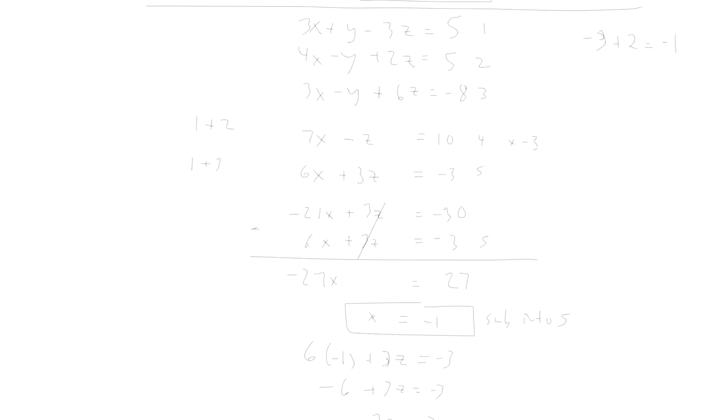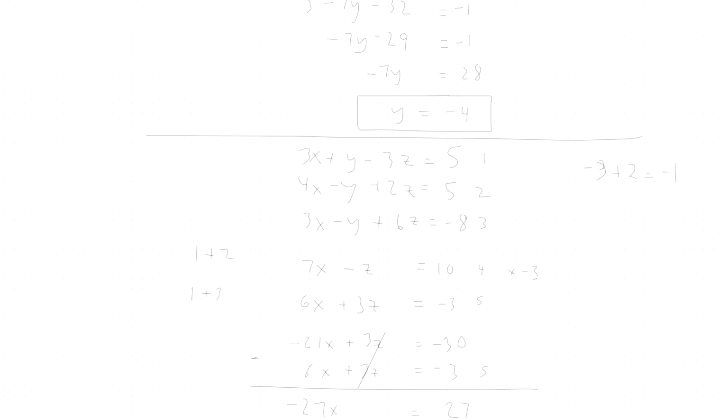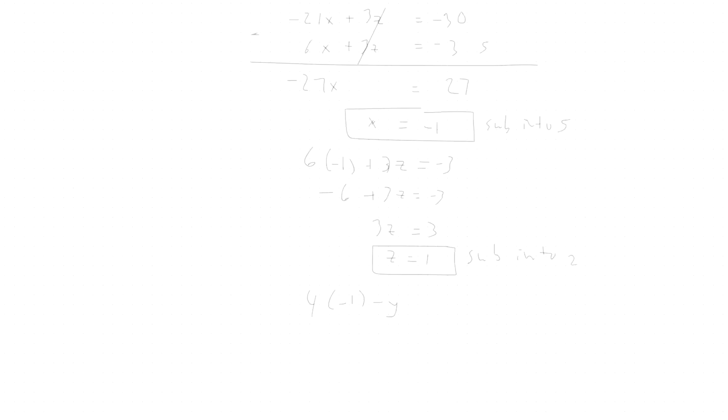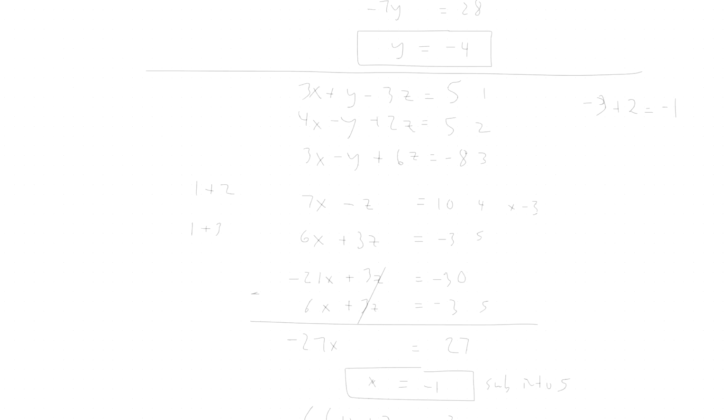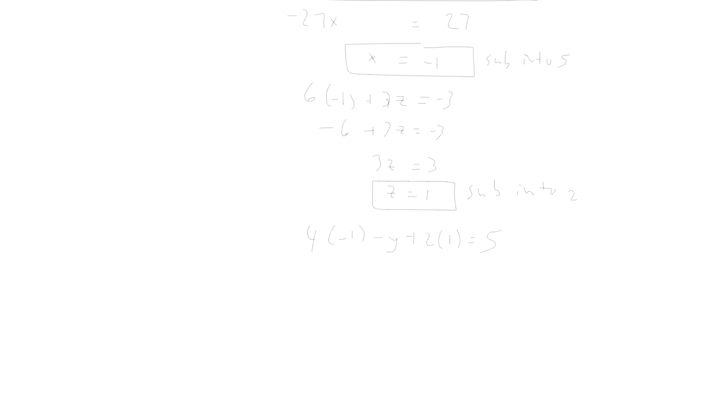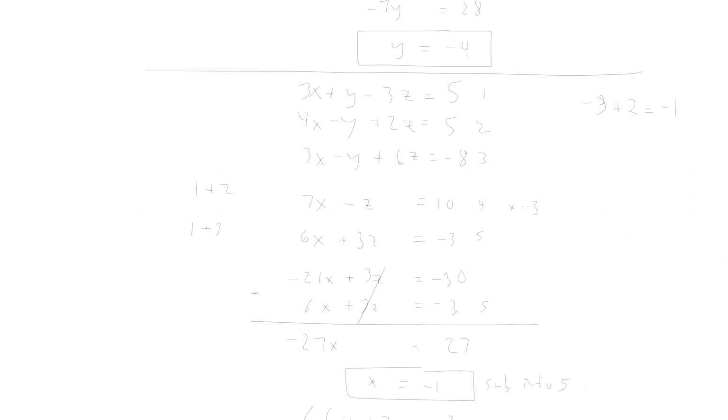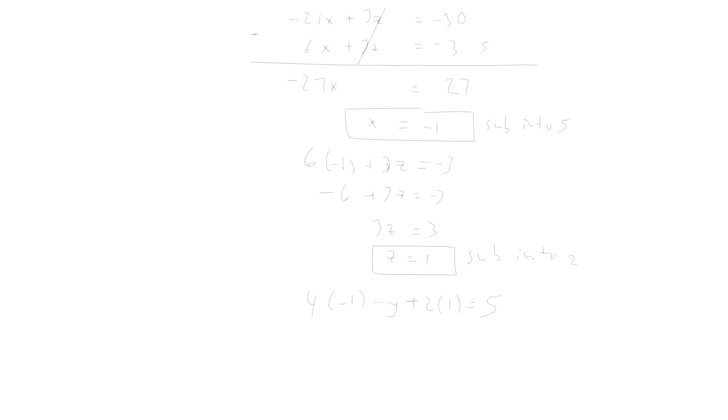So we have 4 times -1 minus y plus 2 times 1 equals 5. What's 4 times -1? 4 times -1 is -4.